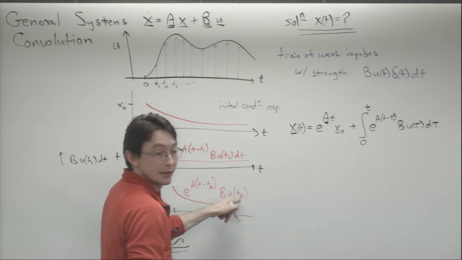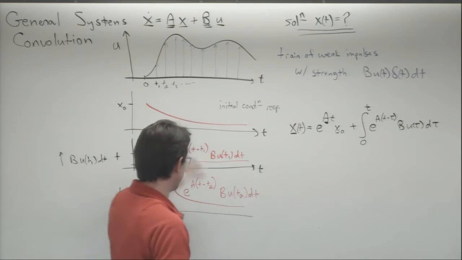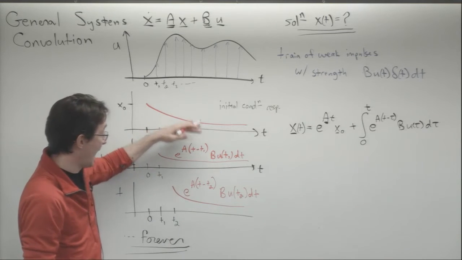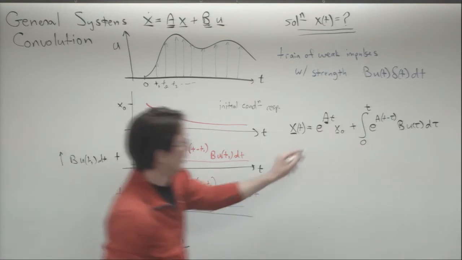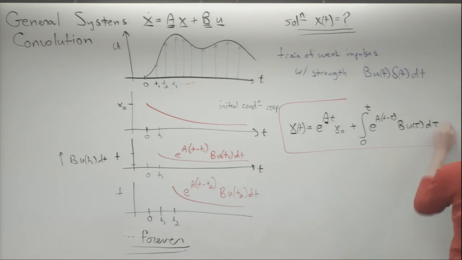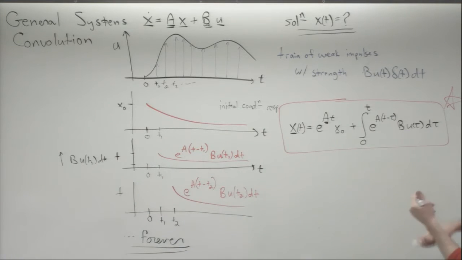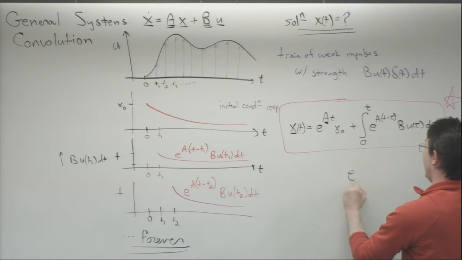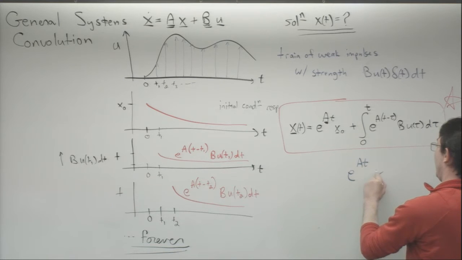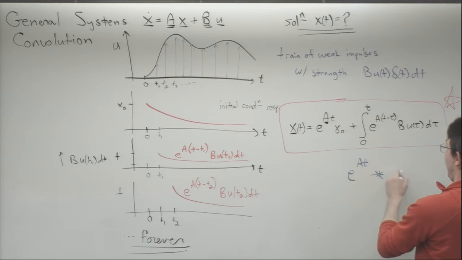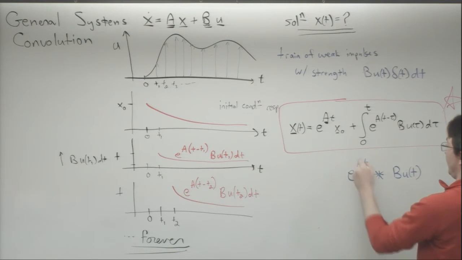So my forcing u at time 2 times dt, and so on and so forth. And I'm literally just going to add or integrate all of those up, and I get this exact expression here. This is the convolution integral. We can call this a convolution integral. This is really e to the at convolved with b u of t. That's what this part equals.